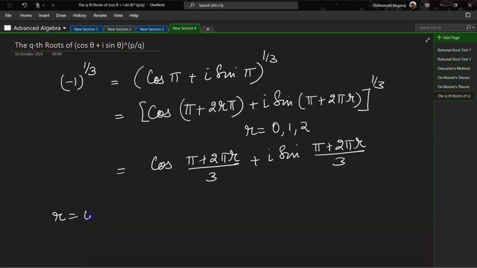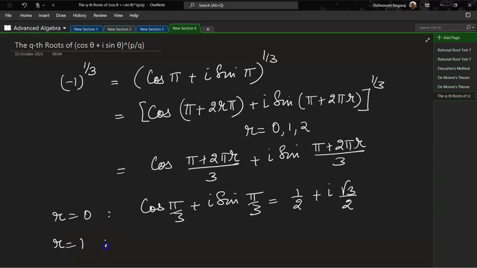If r is 0, what do we get? We get cos pi by 3 plus i sin pi by 3, which is equal to cos pi by 3 is 1 by 2, plus i, sin pi by 3 is root 3 by 2. So this is one of the cube roots of -1.